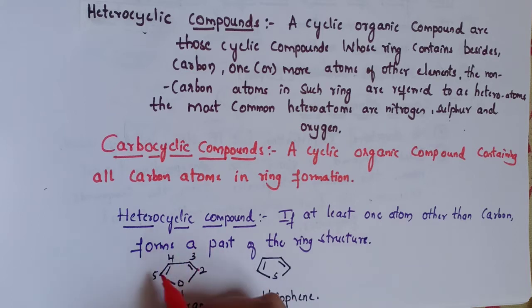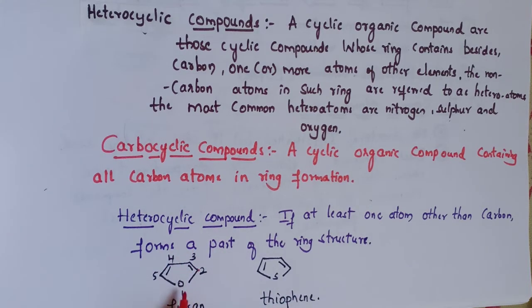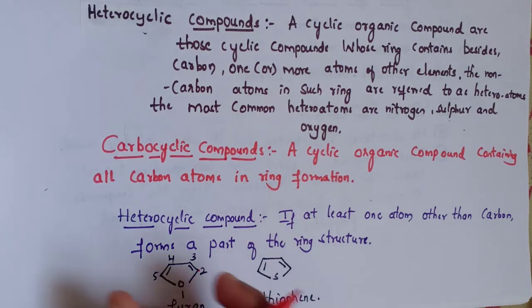Here are the carbons, and instead of carbon, here is the oxygen. If at least one is present, it is also called a heterocyclic compound. Now it is named furan, and here you can see the carbon is replaced by sulfur. It is called thiophene. These are the examples of the heterocyclic compounds.